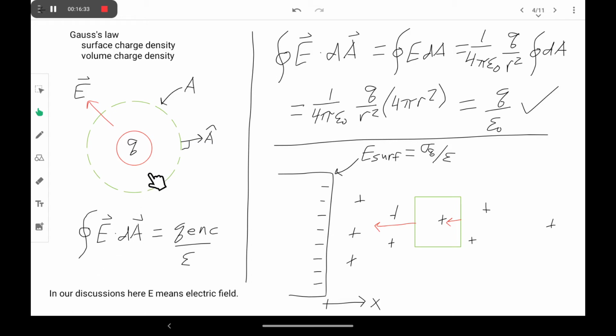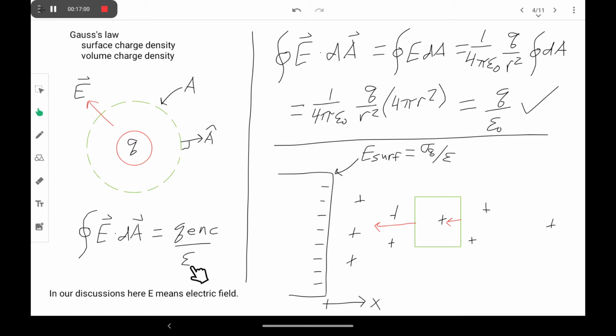So in this example, this would be a sphere, a spherical shell enclosing this spherical charge, and I have to integrate over the entire area of that sphere. Okay, so you can't have any openings in your surface. And once you do that, no matter how complicated that integral is, it's equal to how much charge is enclosed divided by this constant.